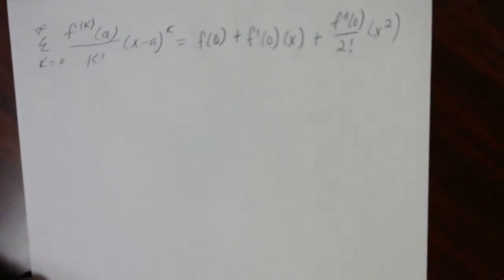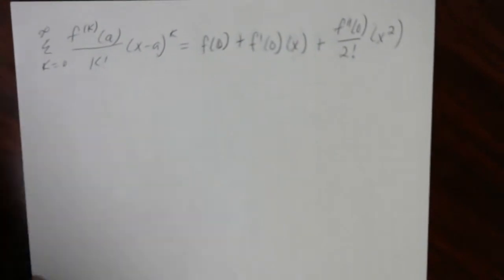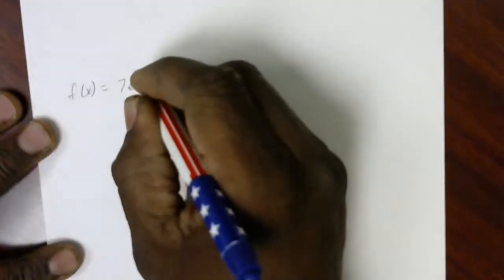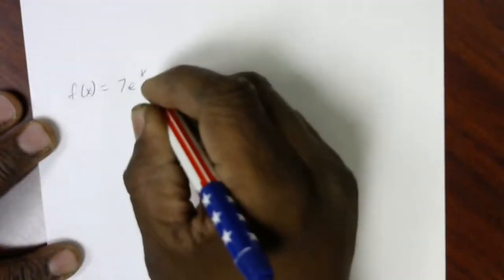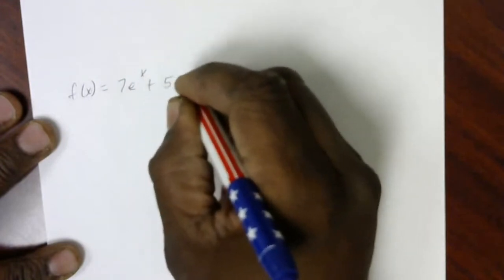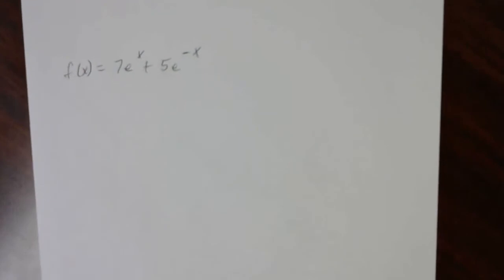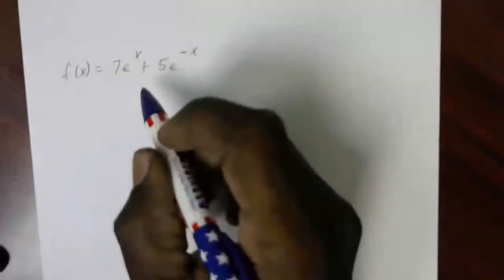So we were given a function, right, and that function was, I'm going to slide this down here, f of x is equal to 7e to the x plus 5e to the negative x. All right, so we want to find f of 0.